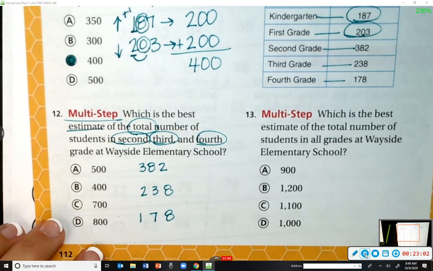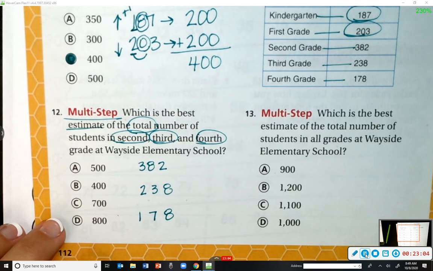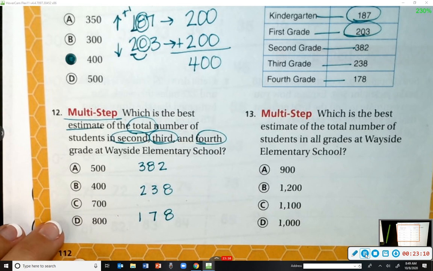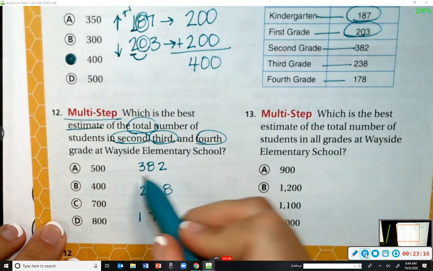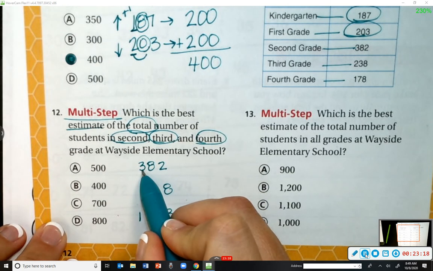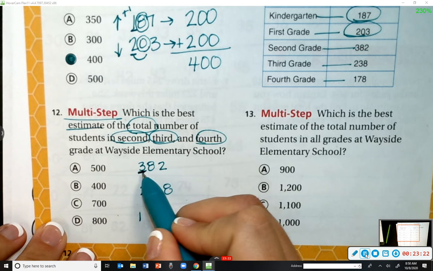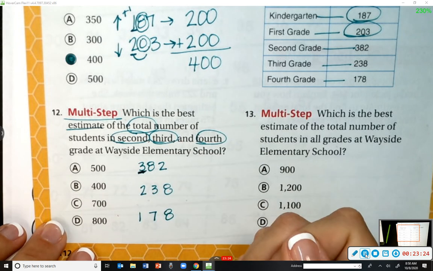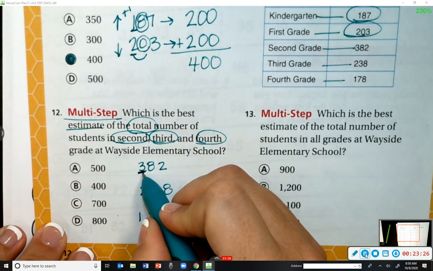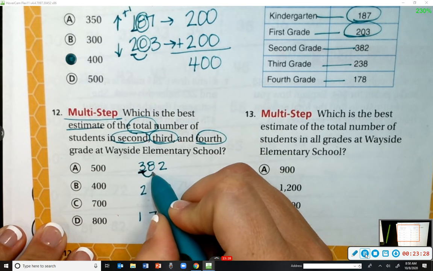So that means I need to start where if I'm rounding to the hundreds place? The first digit? This one? Yes. Okay, so the hundreds place. Don't just say first, because what if I had a thousands place here? Then we don't want to start at the thousands. We always start at the hundreds when we round to the hundreds.